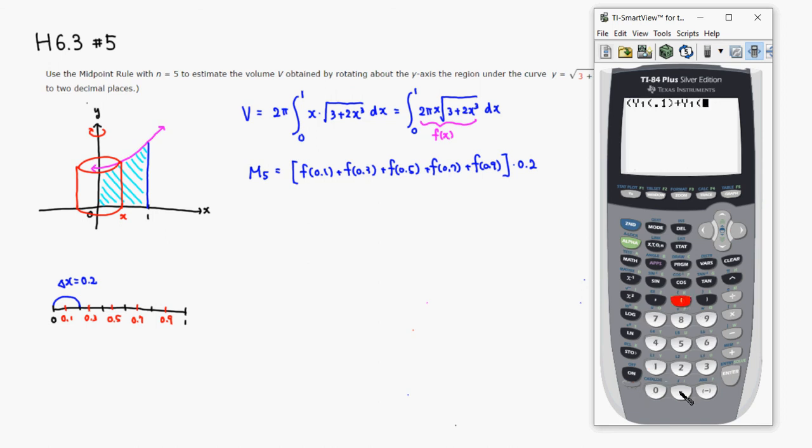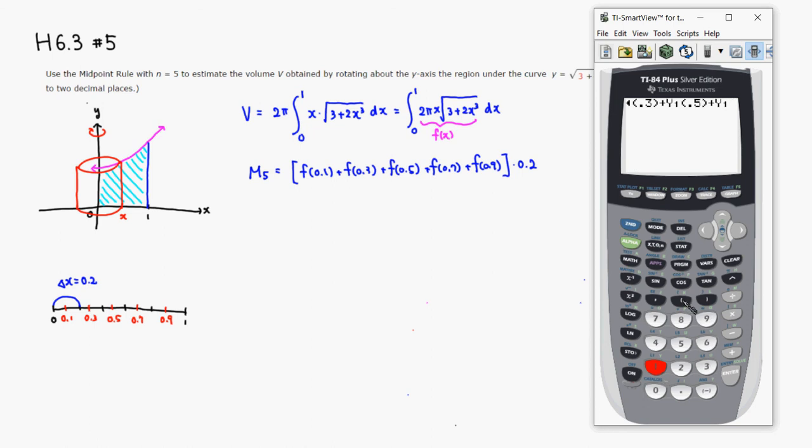Then we put 0.3, and plus, and VARS, Y-VARS, function, the very first function. Then you put 0.5, and plus, VARS, Y-VARS, function, and the first one.